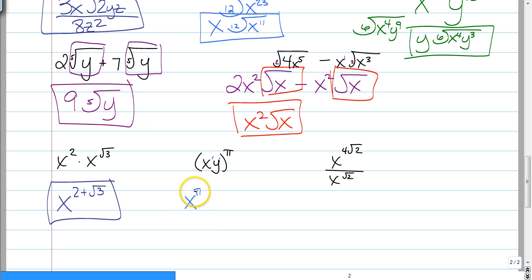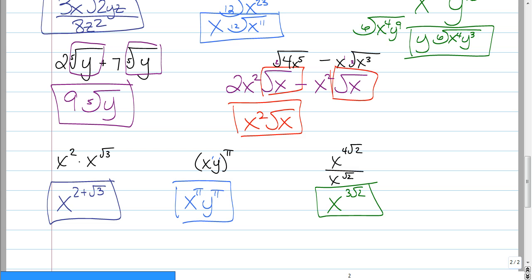So that's x pi, y pi. Done. That's it. And when you divide, you subtract. So 4 root 2 minus 1 root 2 is just going to end up giving you x to the 3 root 2. So this last row is actually the easiest row. It's just that the answers look a little funnier than they have.